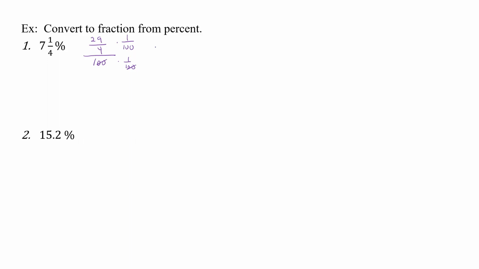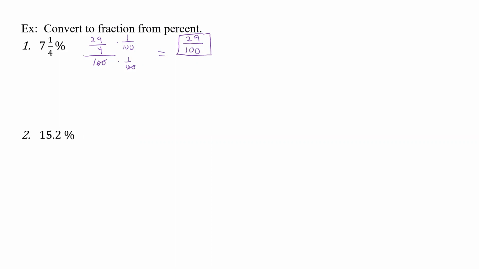And so basically all we end up with is 29 times 1 is 29, 4 times 100 is 400, and that is our converting to a fraction from a percent. So we've converted this percent into this fraction.